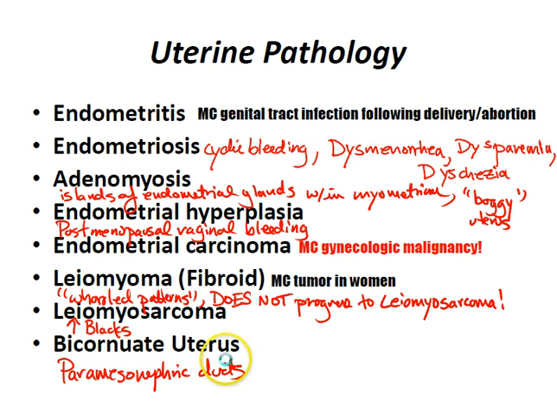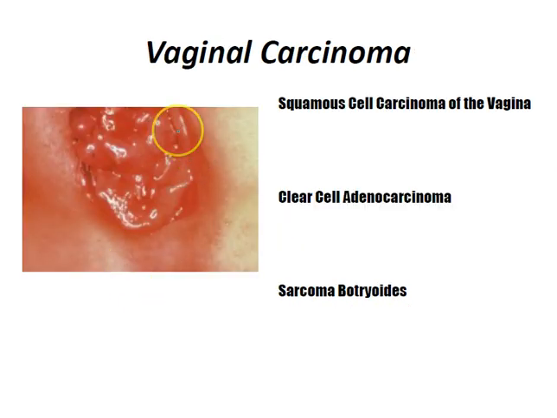So the last thing we're going to talk about is vaginal carcinoma. Squamous cell carcinoma of the vagina is most common, often due to extension of squamous cell carcinoma of the cervix. Okay? So what about clear cell adenocarcinoma?